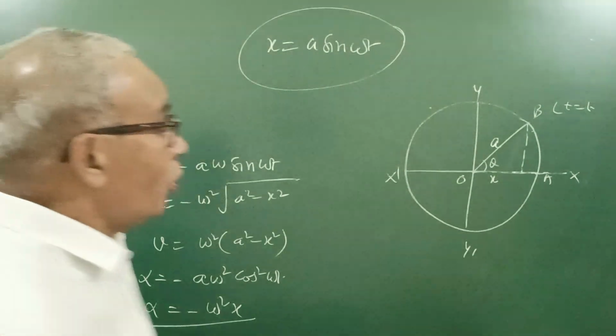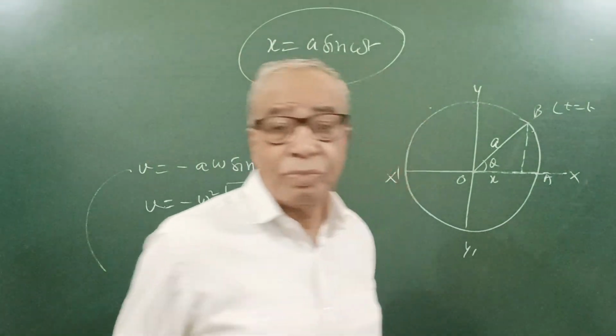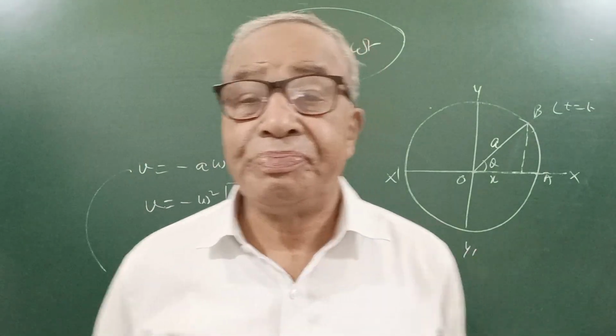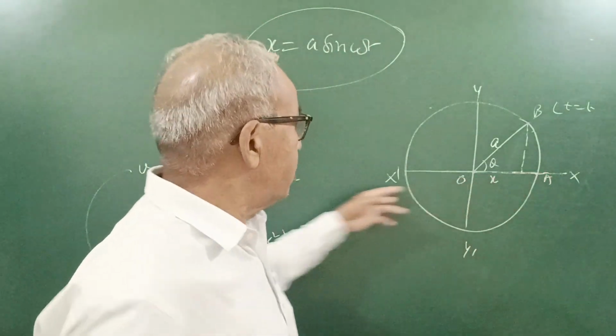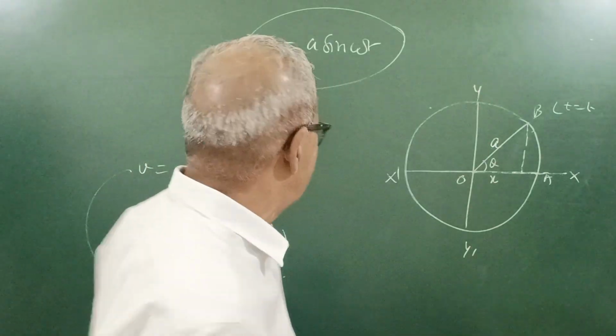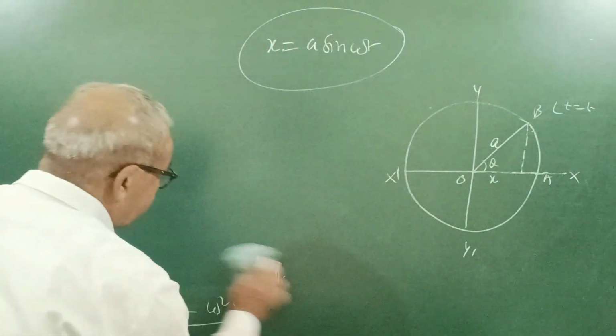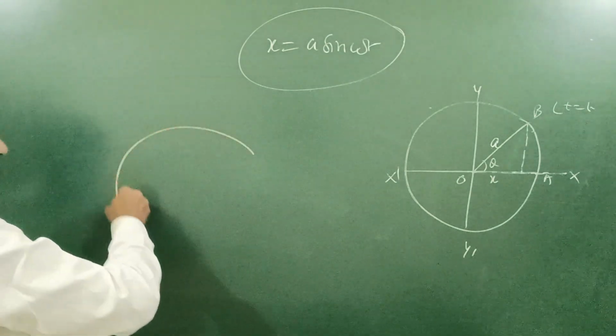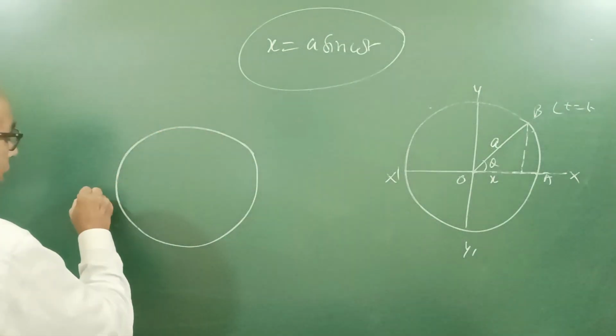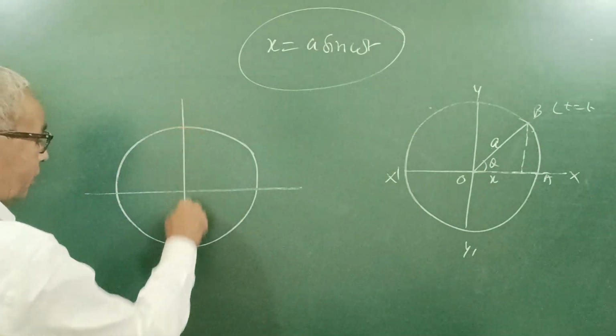Dear friend, the choice of axis is our own. This choice we have made, this is x x dash, this is y y dash. We can take the axes like this also. I take y y dash here and x x dash here.